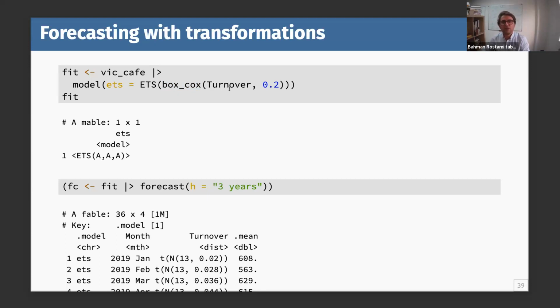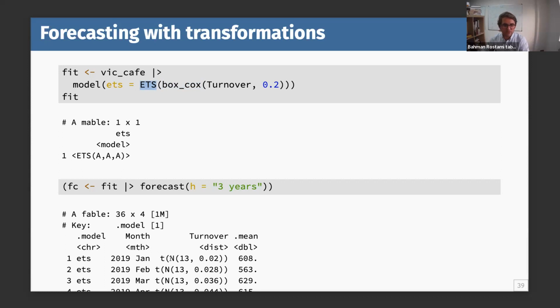So basically what you need to do is just put the function that you have for the transformation right before the variable you want to forecast, and then put the name of the forecasting model function there, and it will do the job. The rest of this is really similar to what we did before. We have our mable, we pass it to forecast, and then we produce the forecast.